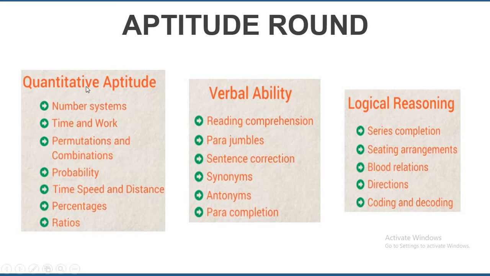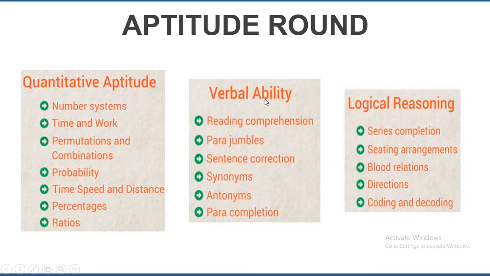These are the different concepts that will be referred to, and based on that the problems will be asked. There are different ways to solve all these, and there are different formulas and some shortcuts that you can refer to solve any of these kinds of problems.